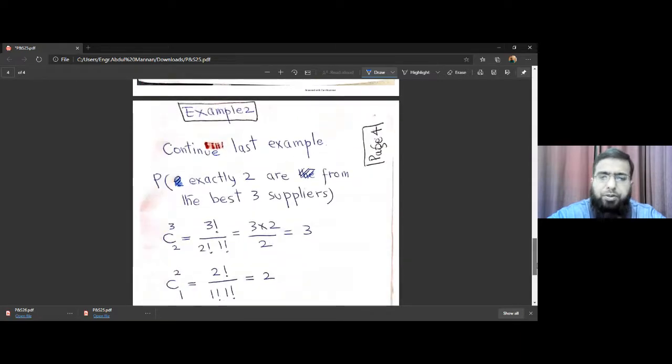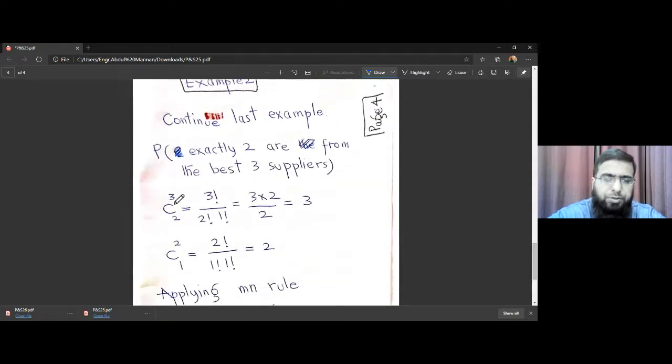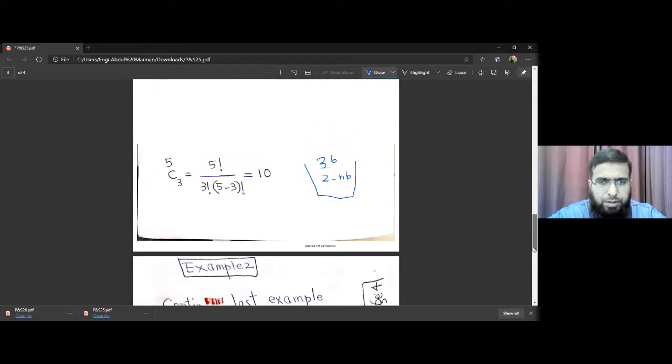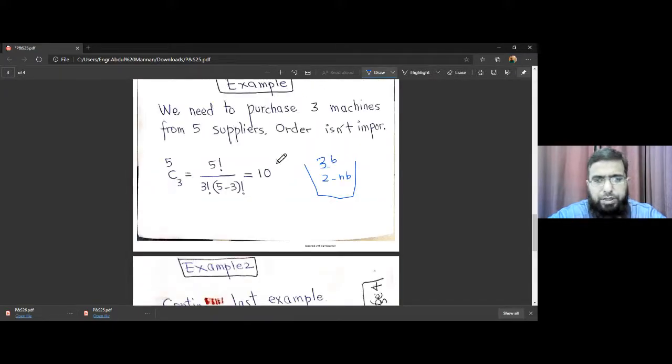First we have to compute the combinations. 2 from 3 is 3C2, nCr, where n is 3 and r is 2. And then 1 from the remaining 2, 2C1. So it gives us 3 and 2. Using the mn rule, we have 6 different ways in which we can make this selection. So the probability of A is 6 divided by the total number of ways we can select, which is 5C3, which is 10.